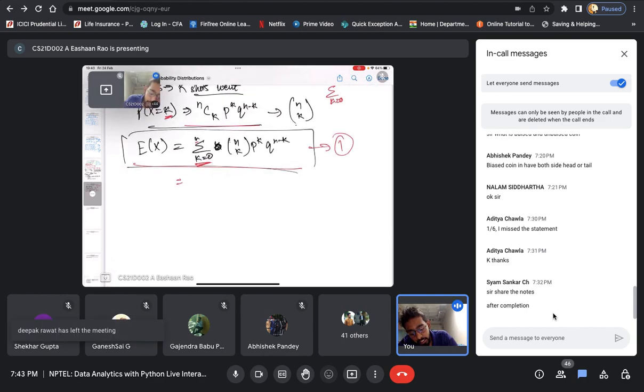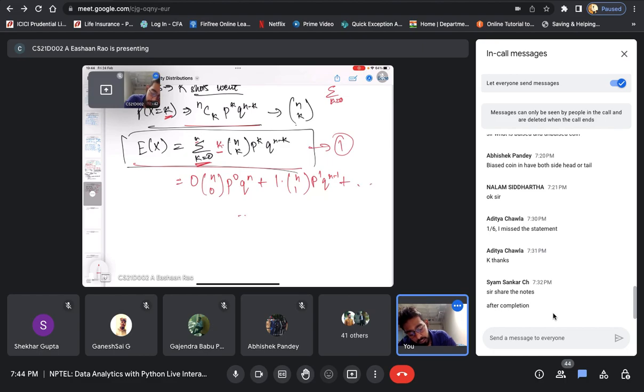So when k is equal to 0, if I'm putting k equal to 0, whatever the value I will have, nC0, p raised to 0, q raised to n, plus, I'm expanding all this value, nC1, p raised to 1, q raised to n minus 1.